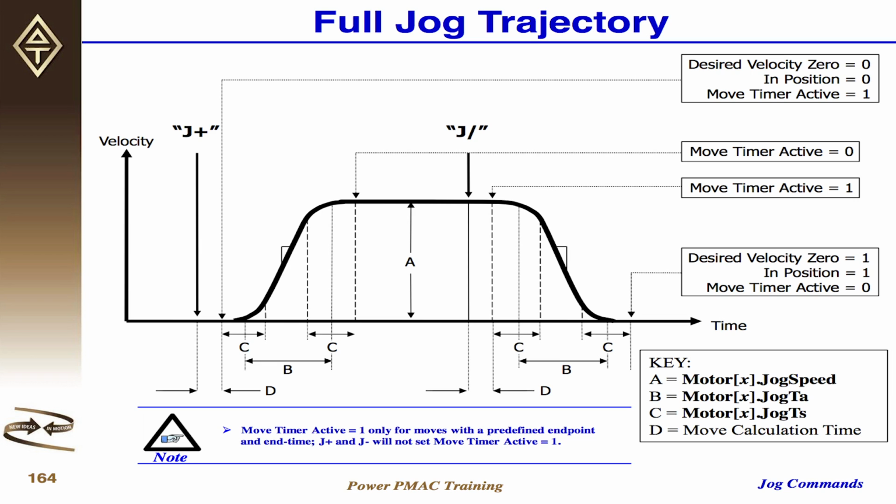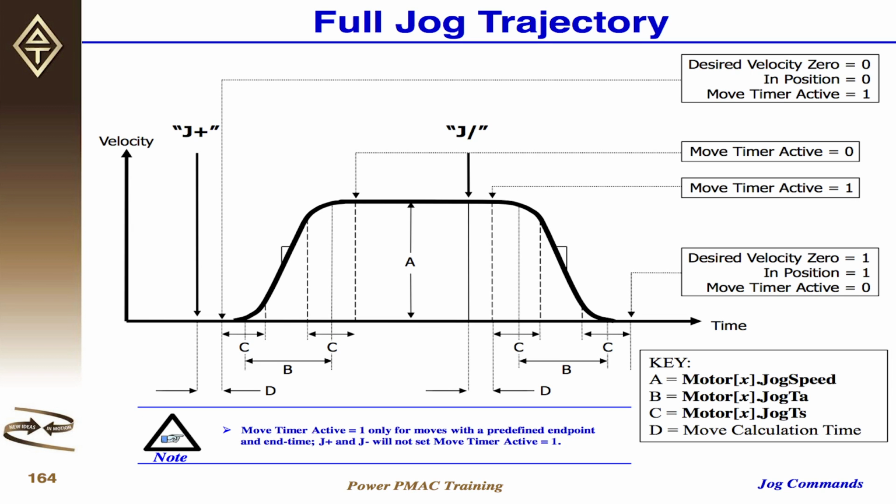After the TS period ends, it will go into constant acceleration here, and then it will S-curve out to a set velocity. That velocity is going to be equal to A, which is your motor jog speed. So you'll accelerate up until you reach your motor jog speed, and then you'll hold that velocity even if you could theoretically go faster.